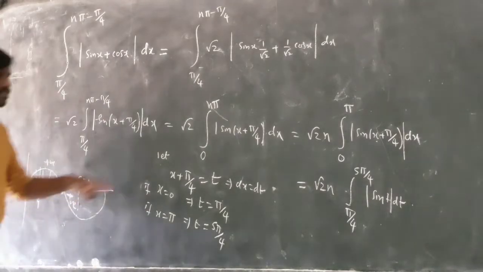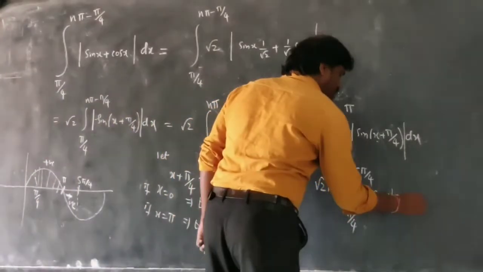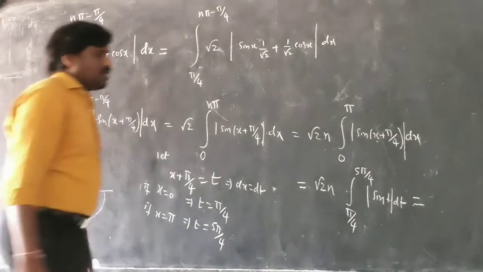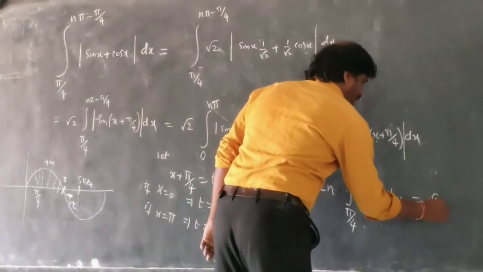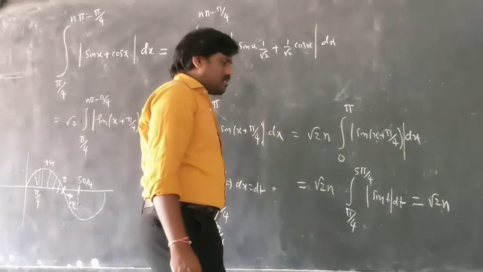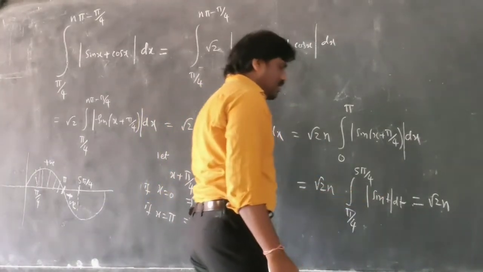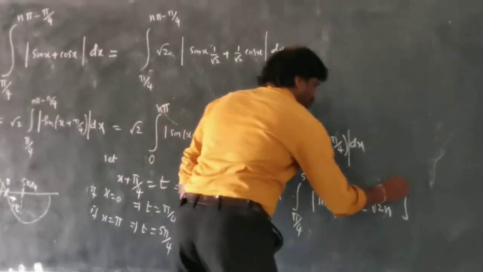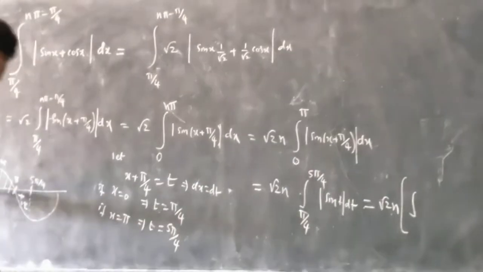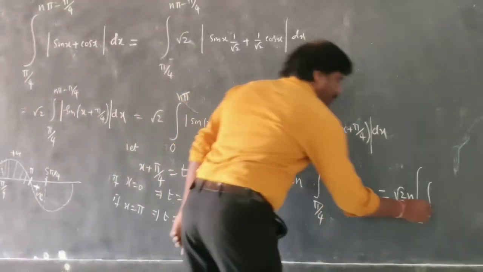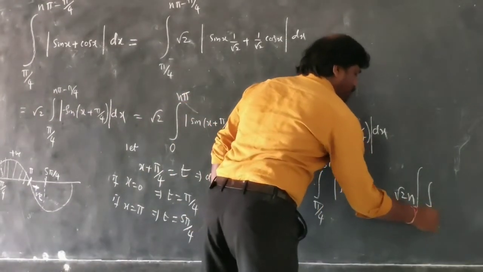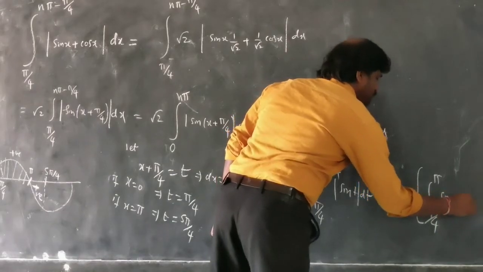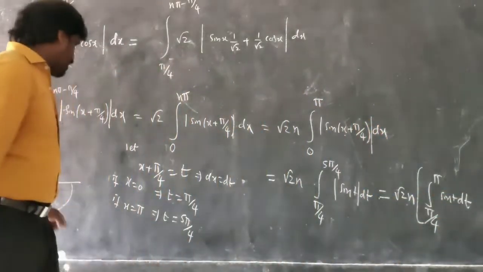So what I do here, this question I can change like this. This is a very important question. So here root 2 into n, I can write this as modulus. When I open this modulus, I get the integration from pi by 4 to pi is positive, so sin t dt I will get.